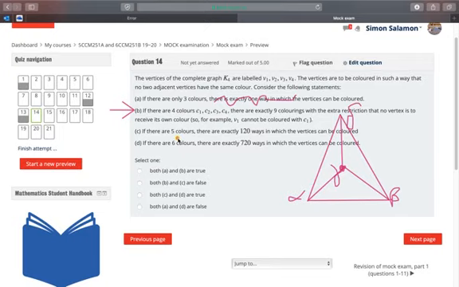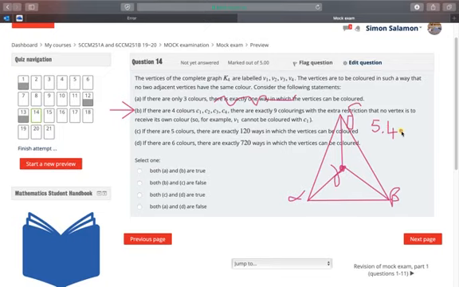Now, what about part C? If there are 5 colours, there are 5 factorial ways in which the vertices can be coloured. Well, that's actually correct, because the vertex V1, with no restriction this time, can be coloured in 5 ways. Vertex V2 can be coloured in 4 ways.